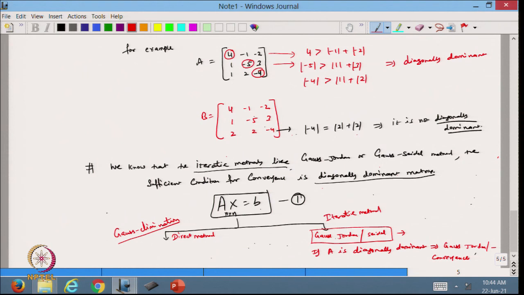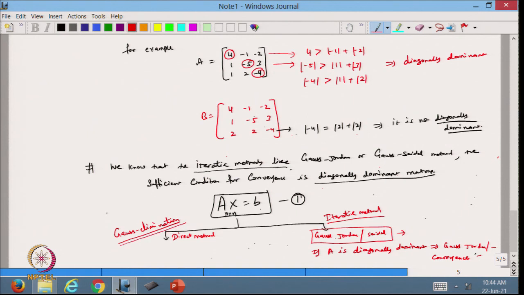But the converse is not always true. If the methods are converging, that does not mean that the matrix must be diagonally dominant. But if the matrix is diagonally dominant, then definitely it is going to converge. So, these types of things are very important to deal with the iterative processes for solving systems of equations.